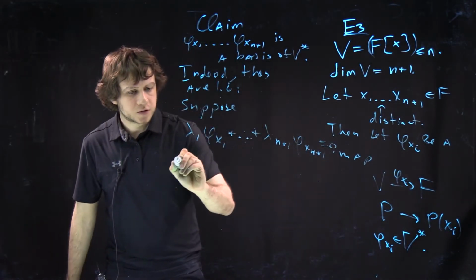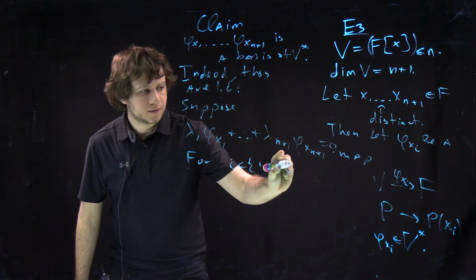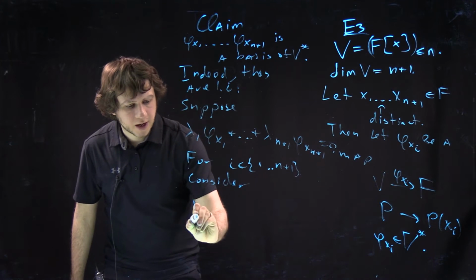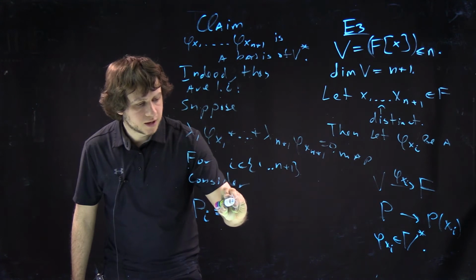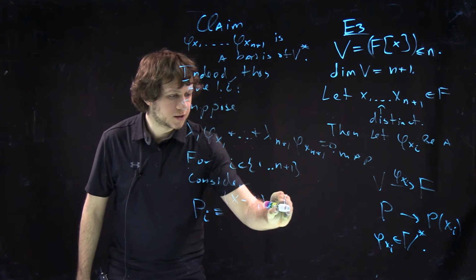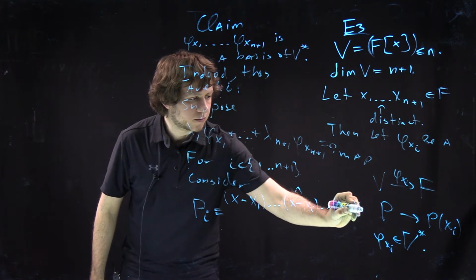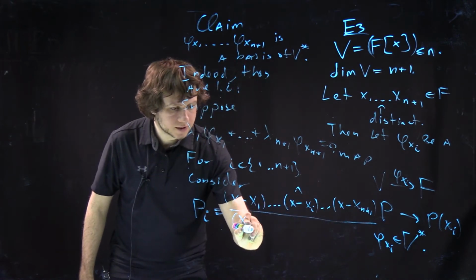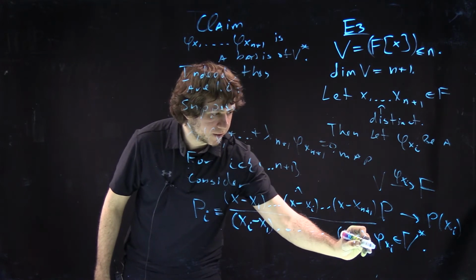So for i from 1 to n plus 1, consider a polynomial p_i, which equals the following: the product of (x minus x1) times ... with (x minus xi) omitted ... up to (x minus x_{n+1}), divided by (xi minus x1) and so on, up to (xi minus x_{n+1}). Remember this notation.